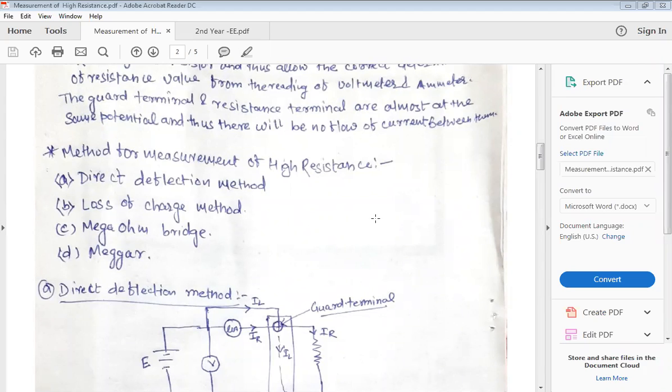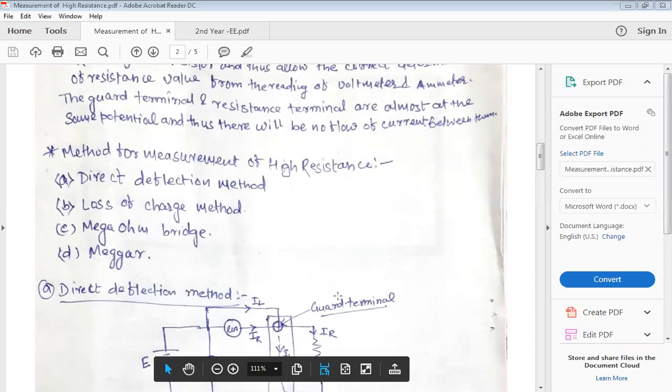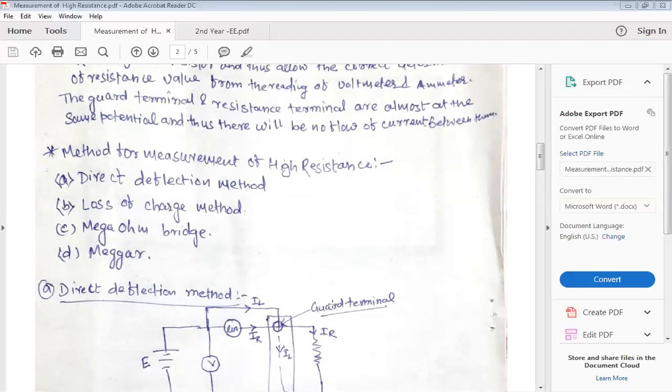If you compare the conductor resistance with the insulation resistance, they are almost the same in range. So during this measurement, insulation resistance creates error in the measurements. That's why we use a guard circuit to avoid insulation resistance.